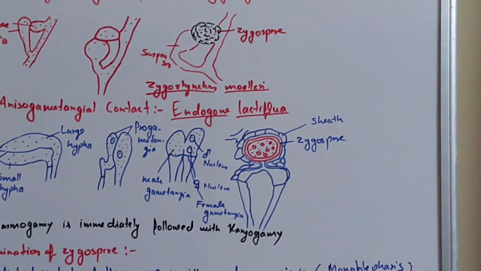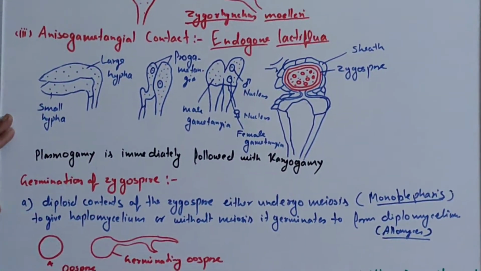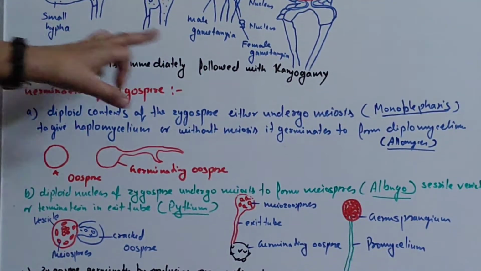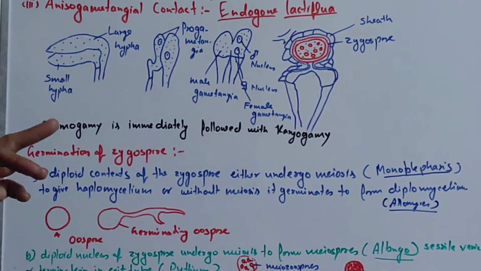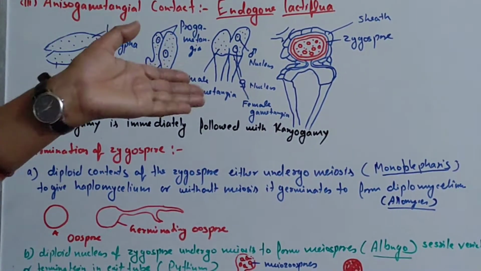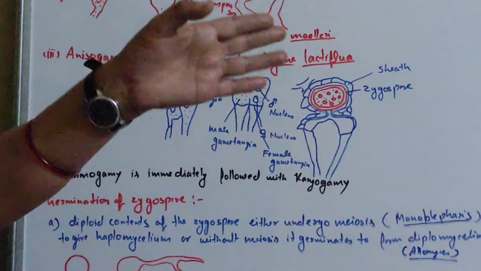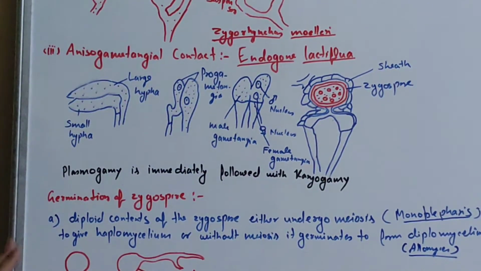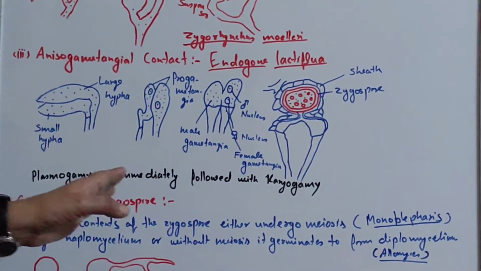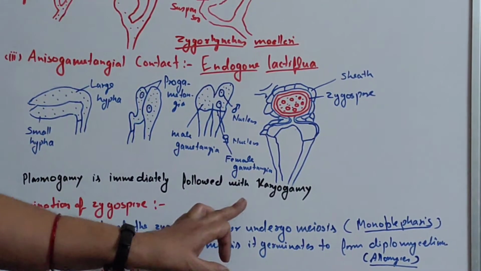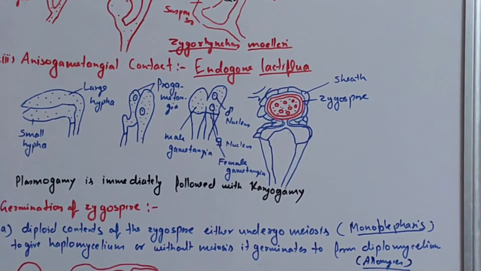After such type of plasmogamy in Phycomycetes, karyogamy immediately follows. In higher fungi, karyogamy is delayed and there is a long dikaryotic phase. In lower fungi, there is no such dikaryotic phase, as plasmogamy is immediately followed by karyogamy.